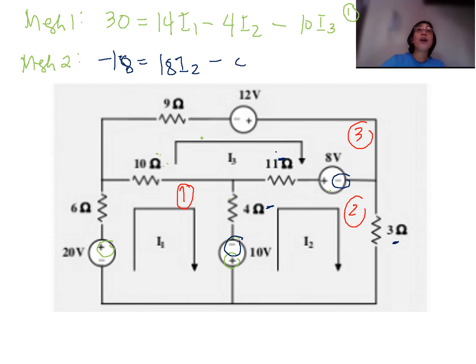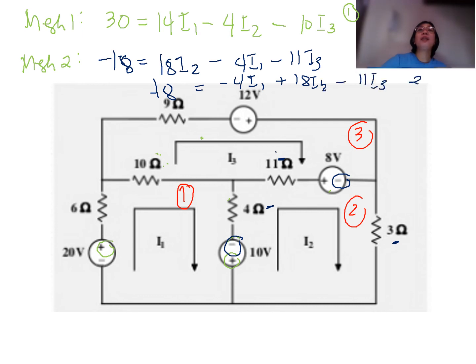You have 4 I1 minus 11 I3. Okay, so we can rearrange this. We have negative 18 is equal to minus 4 I1 plus 18 I2 minus 11 I3. So this is our second equation.